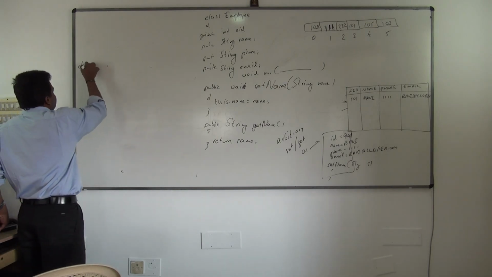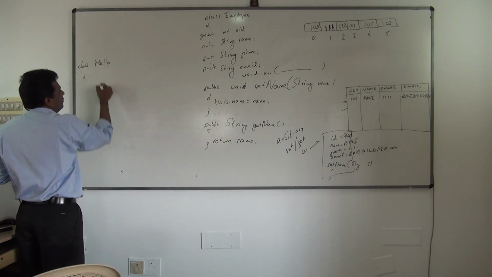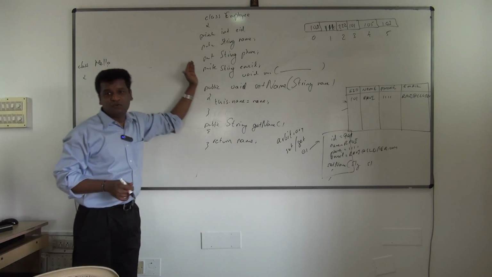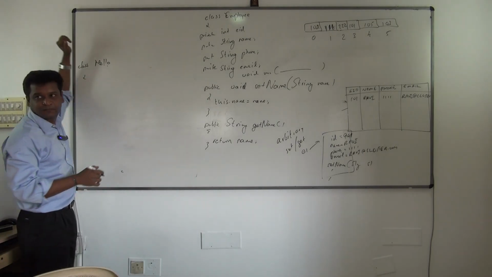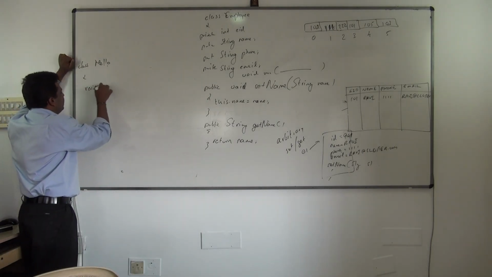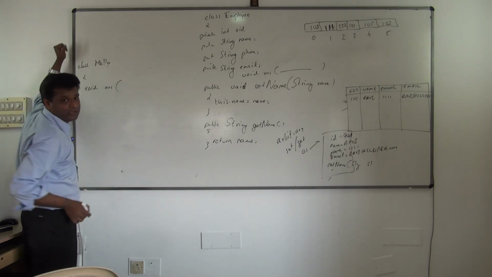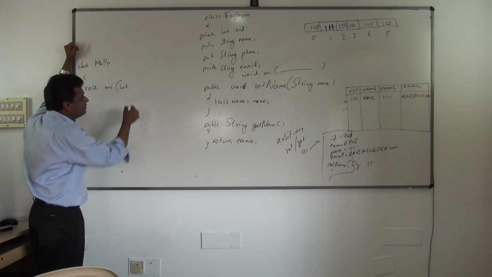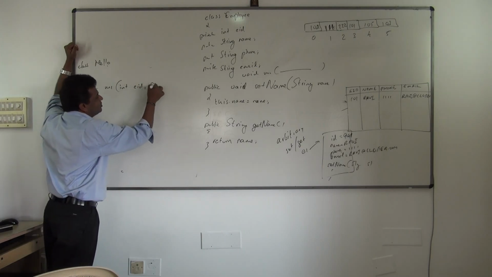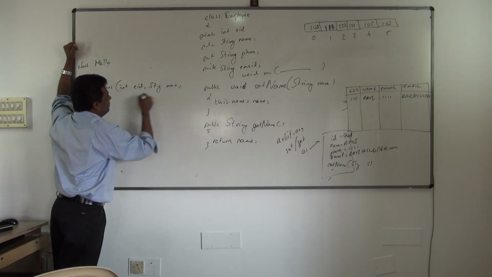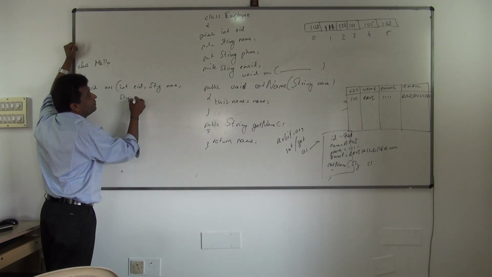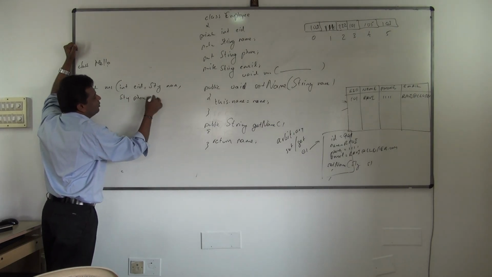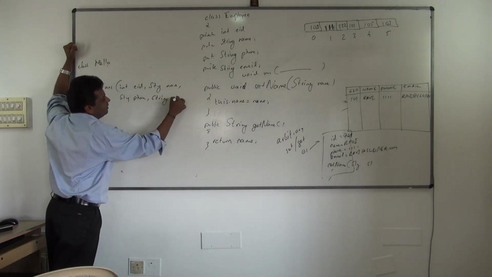Supposingly, now there's a scenario that there's one class called hello. I want to send these 4 values to this hello class. So there's one method called m1 and I want to send these 4 values. Look at the signature of my method now: int employeeID, String name, String phone, String email.